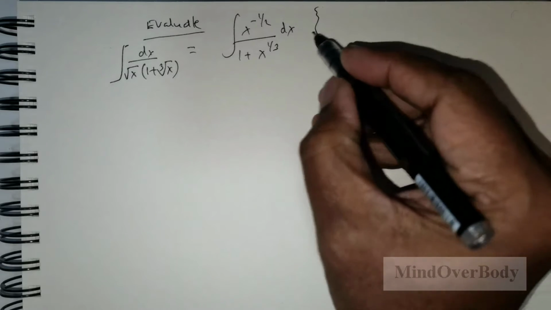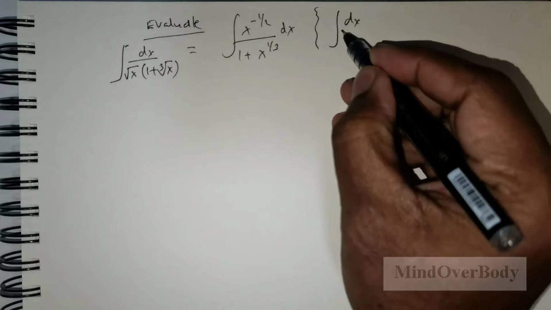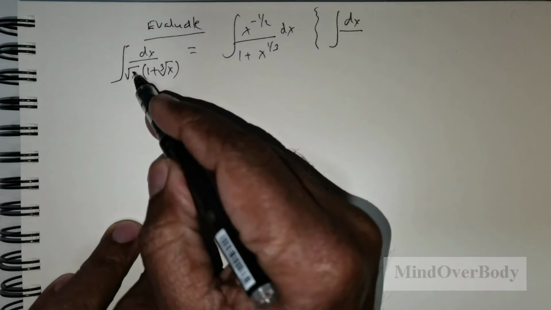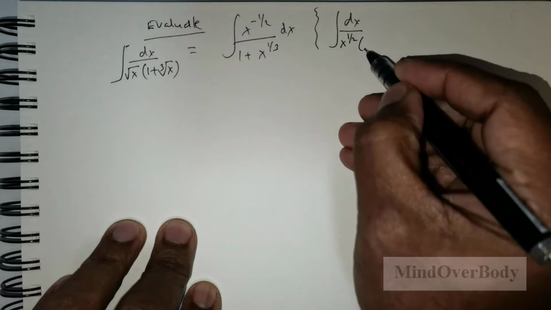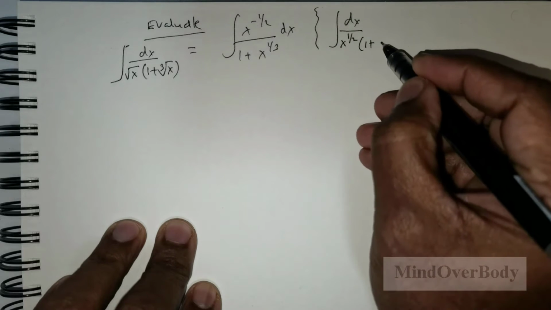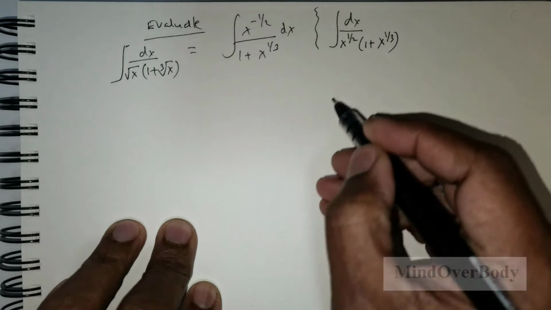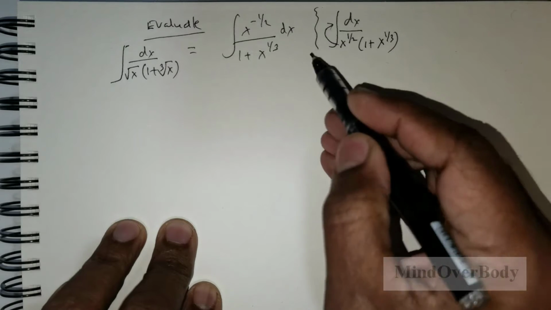Just for the sake of explaining, I'm going to be writing x raised to the power of 1/2 in this fashion, and then multiply it with (1 + x raised to the power 1/3). Then what would I do? I would just move this to the numerator.